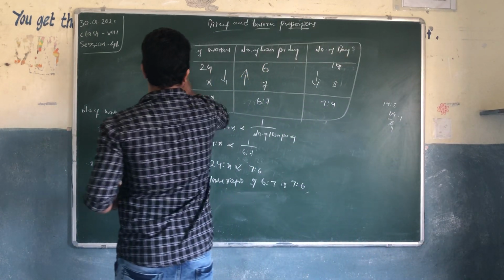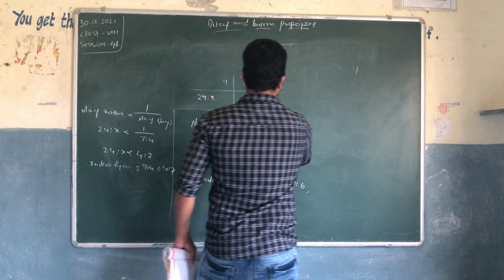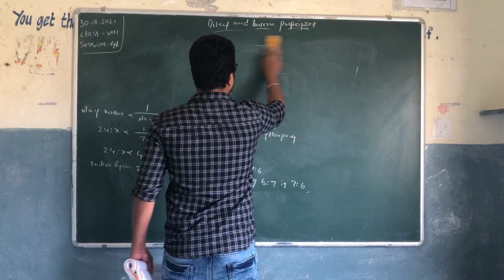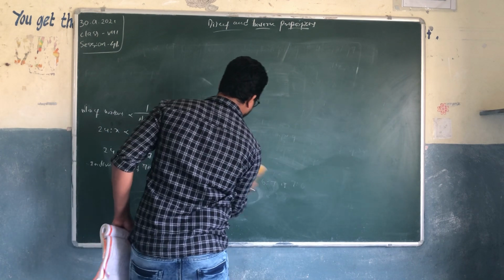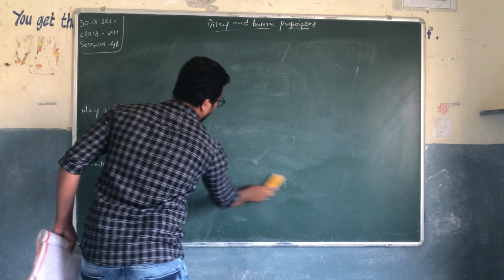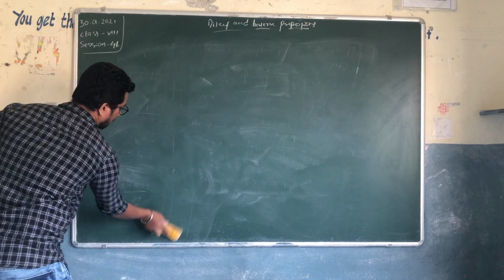Let me erase this. As we have a condition, we need to equate the ratio of first quantity to the compound ratio of the other 2 quantities, right? The ratio of first quantity is equal to the compound ratio of the other 2.